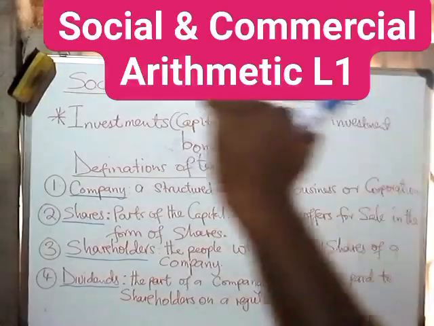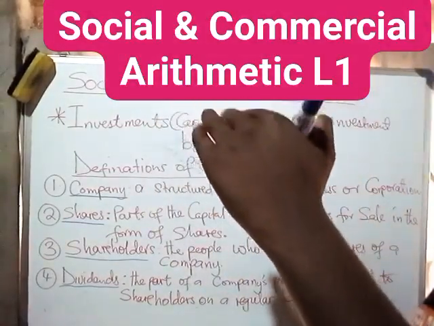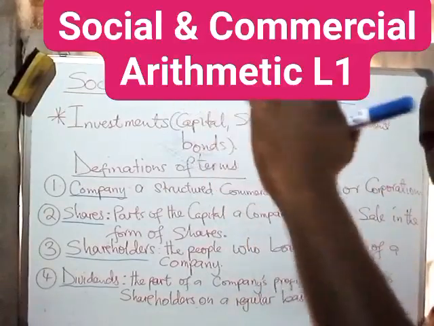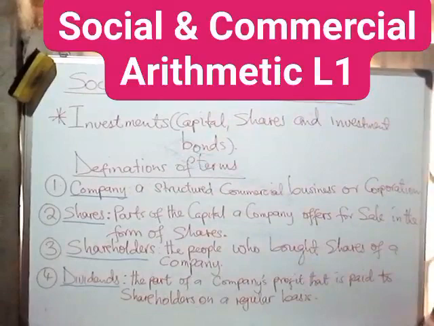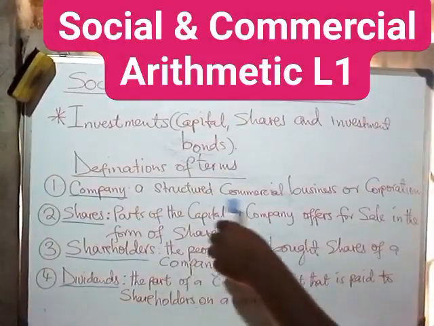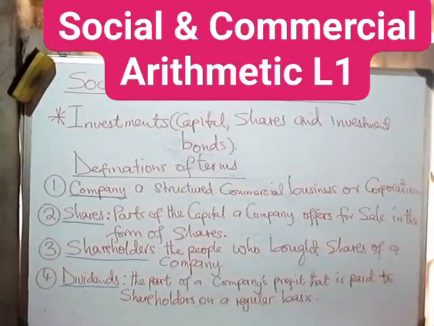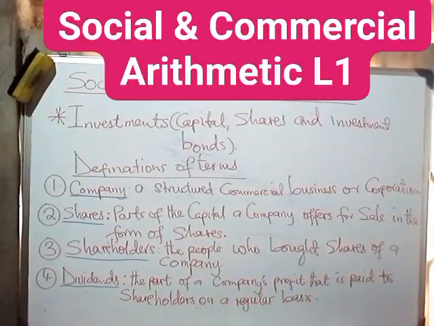Talk of structures, we're talking about the directors, all those people who are involved in the company, those positions, that is the structure. So it is a structured commercial business, a business or a corporation, a corporate business.